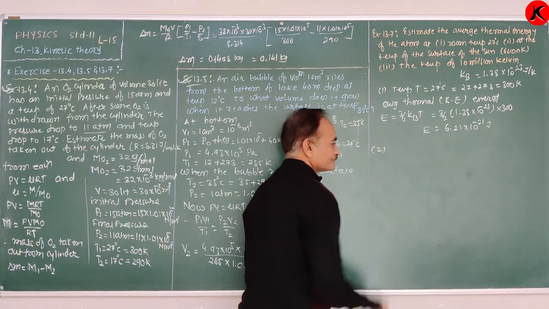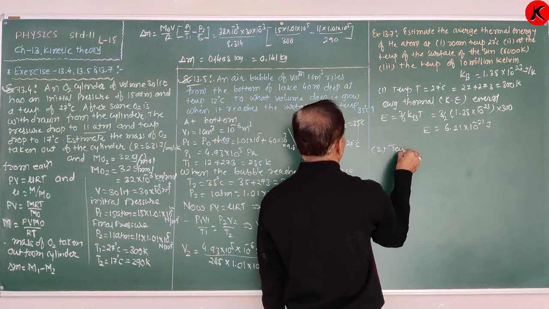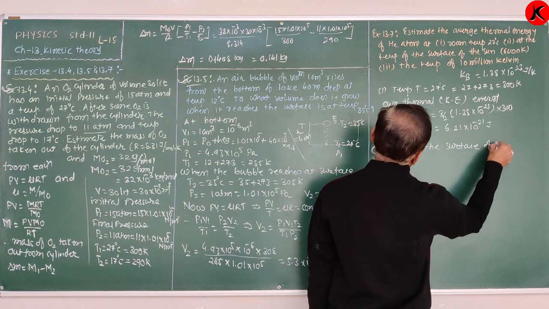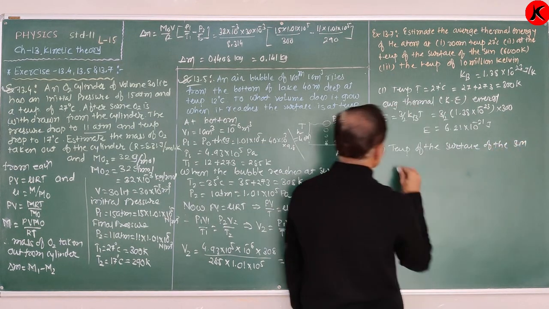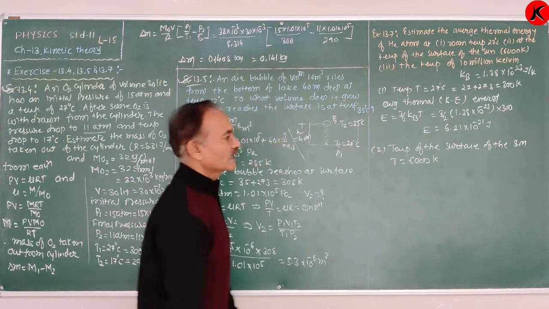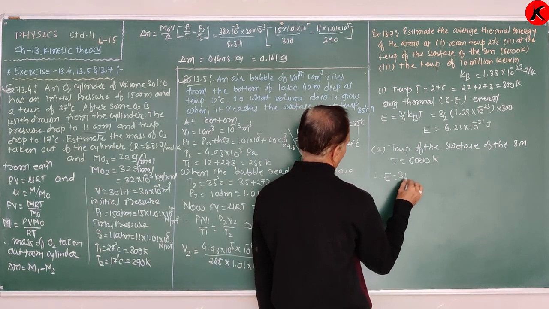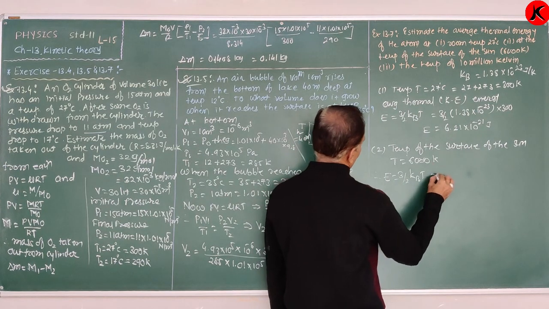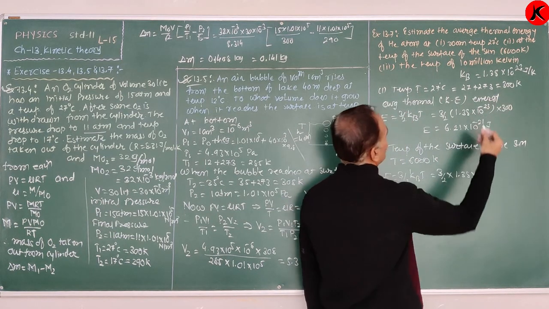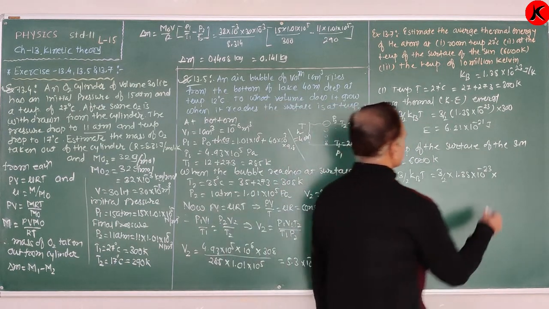Now second, temperature of the surface of the sun. This temperature is 6000 Kelvin. Substituting here, E is equal to 3 by 2 kB T. So 3 by 2 kB, 1.38 into 10 to the power minus 23 into 6000.